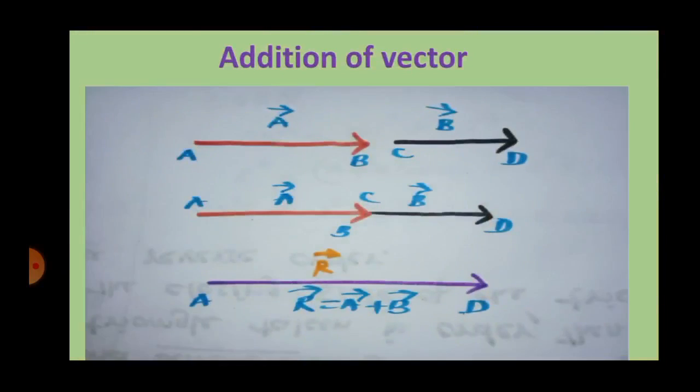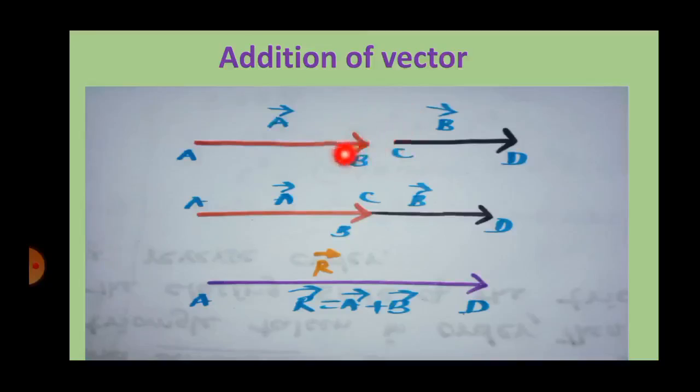Now listen to it. Consider two vectors A vector and B vector which are acting along the same line. To add these two vectors, join the tail of B vector with the head of A vector. This is the head, this one is the tail.